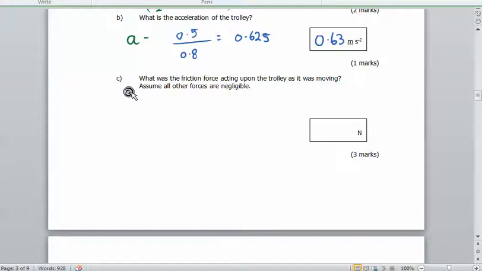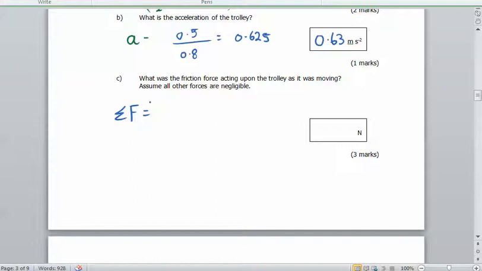Jason? Yeah. What does our net force equal? You don't know?